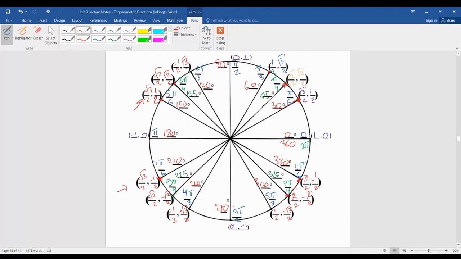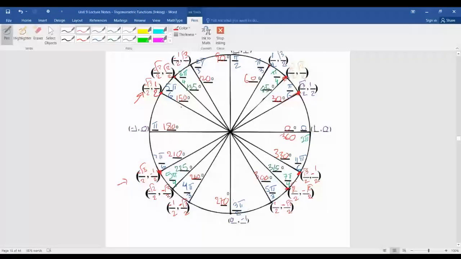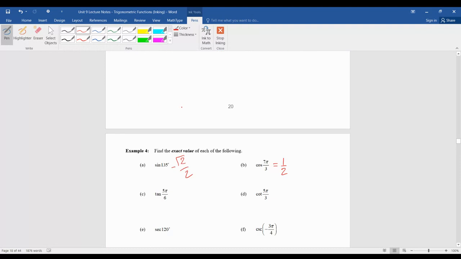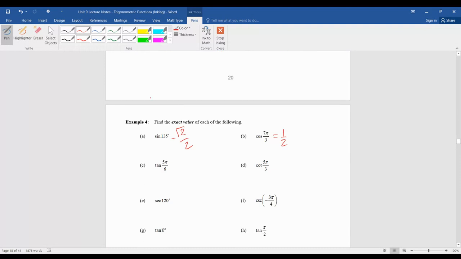So tangent is y over x, so 1/2 divided by negative root 3 over 2, which is 1/2 times 2 over negative root 3. So you simplify, it's negative 1 over root 3. You rationalize, it's negative root 3 over 3.